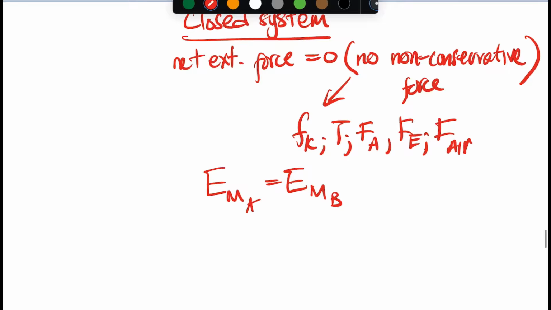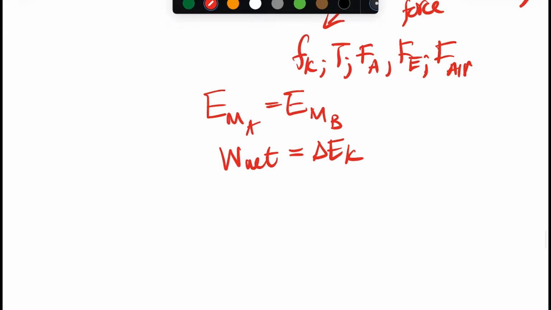And when they say use the energy principle, you can use the conservation of mechanical energy. You can use the work energy theorem, right? You can use the work energy theorem, this one, and you can use the work done by non-conservative force.